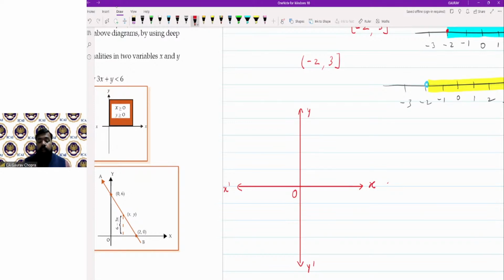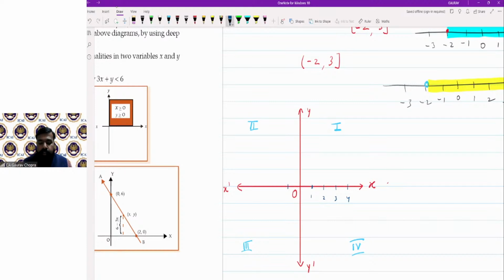Now what do we have to do? We have to first take care. There are 4 quadrants in this graph. This is known as the first quadrant, second quadrant, third quadrant, and then fourth quadrant. So these are the 4 quadrants. In the first quadrant, the value of x is positive 1, 2, 3, 4.